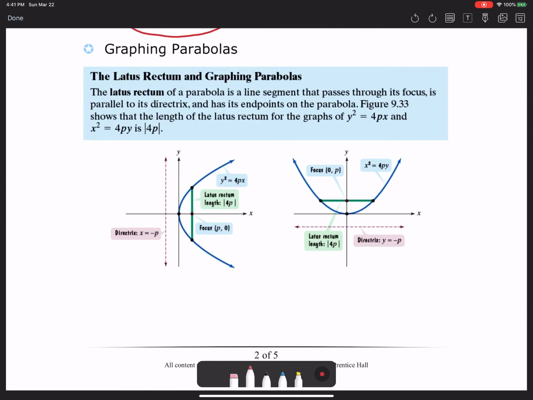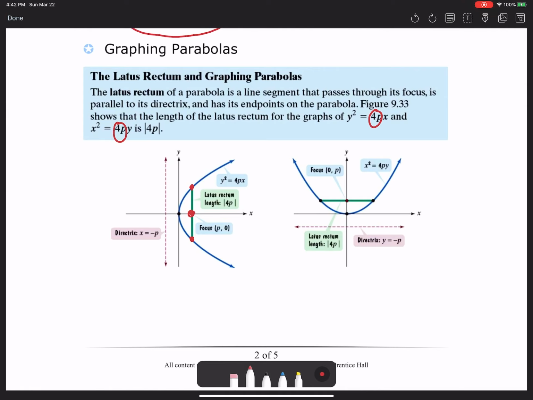Anyway, the latus rectum is a line segment that passes through the focus of your parabola, and it has its endpoints on the parabola. The total length of the latus rectum is 4p, the coefficient on the linear factor, x to the first power or y to the first power.